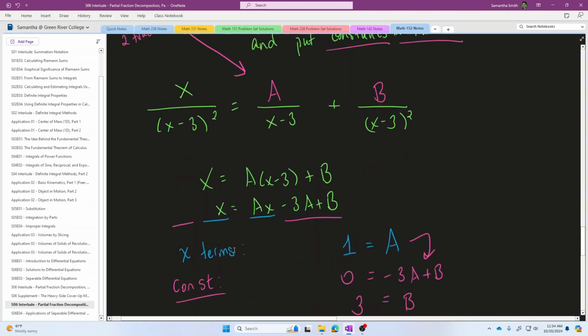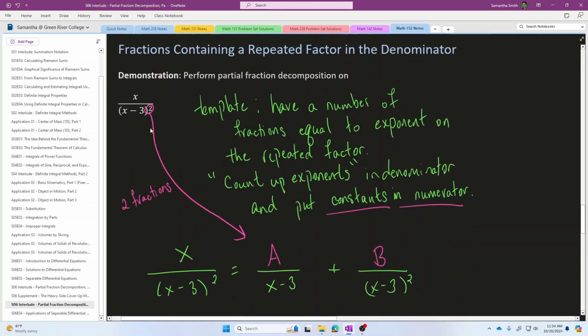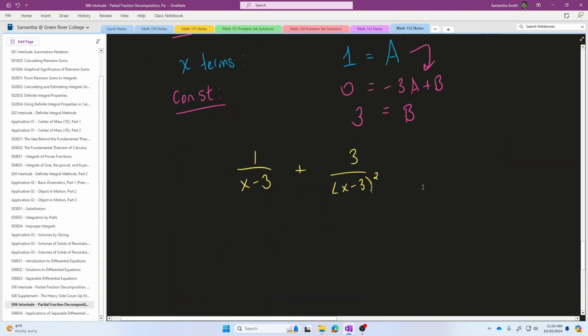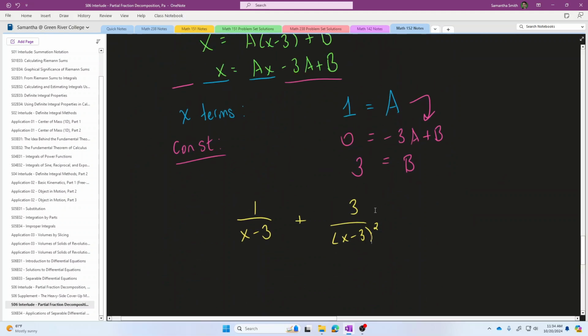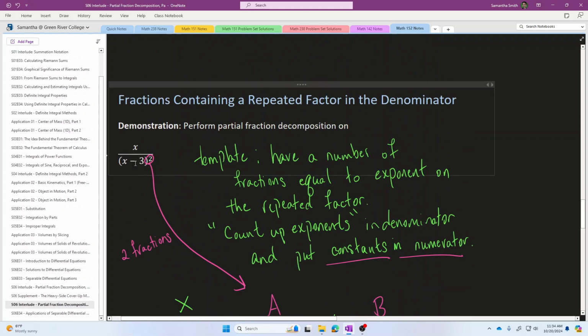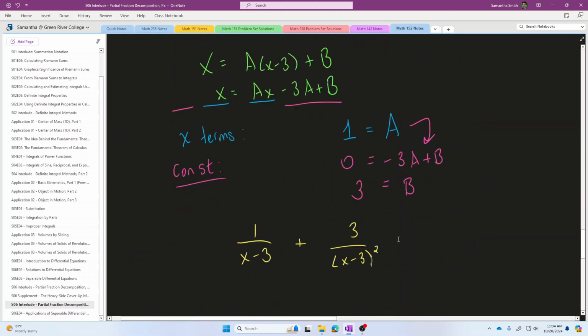The advantage of having rewritten this fraction with an x in the numerator in terms of these fractions that have constants in the numerator is that we can use u substitution to integrate expressions that look like this, even though we cannot use u substitution to integrate expressions that look like this.